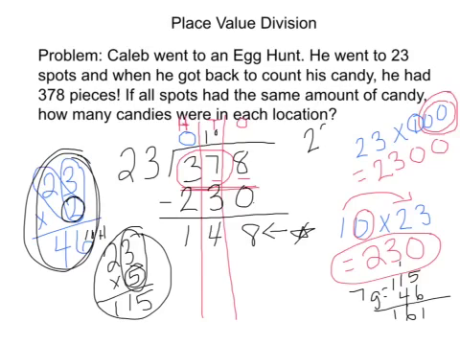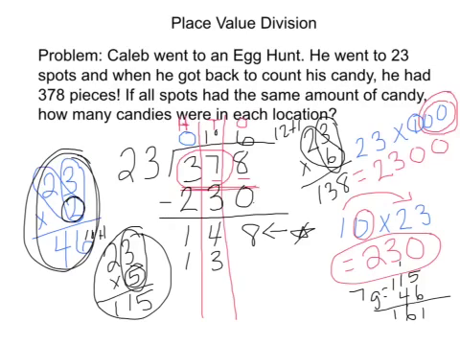So 23 times 6. Okay, 3 times 6 gives me 18. 6 times 2 gives me 12, plus 1 more gives me 13, 138. So I would put my 6 up top in my ones column, and then I would subtract the 138 from the 148, and that would leave me with 10.